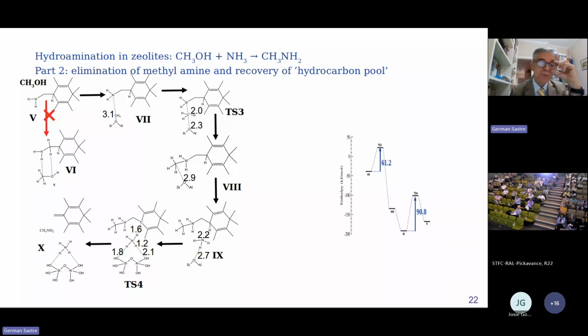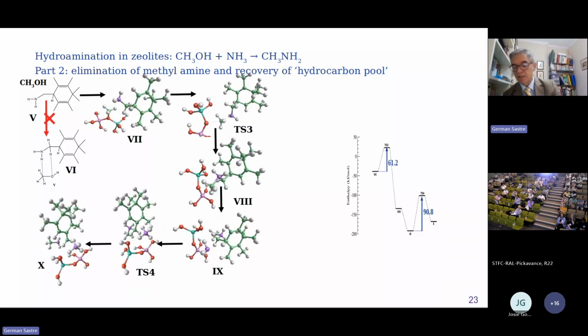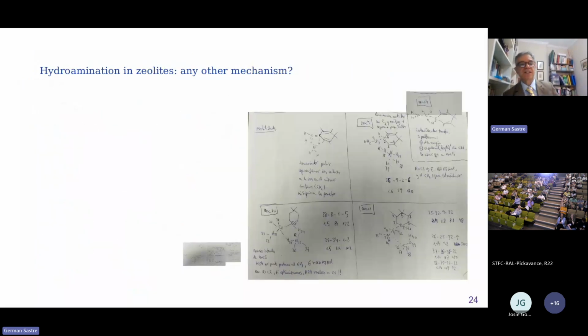And this was not proposed before, okay? The fact that, for methanol amination in zeolites, something related to the hydrocarbon pool mechanism had not been proposed. So this is our main suggestion in this work.